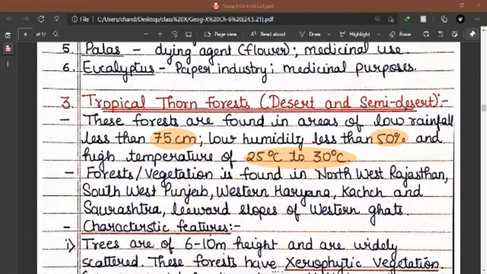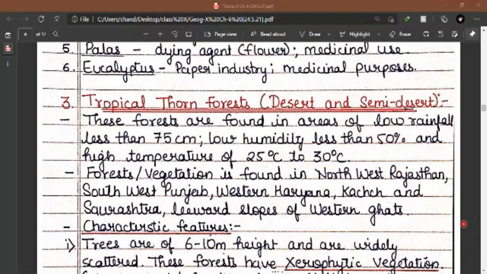Forest or vegetation is found in northwest Rajasthan, southwest Punjab, western Haryana, Kutch, and Saurashtra. The leeward slope of Western Ghats also has such type of vegetation.